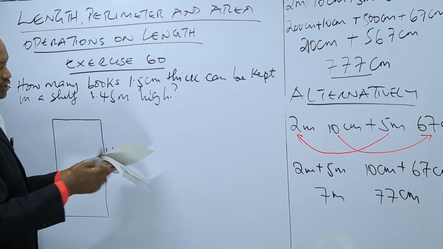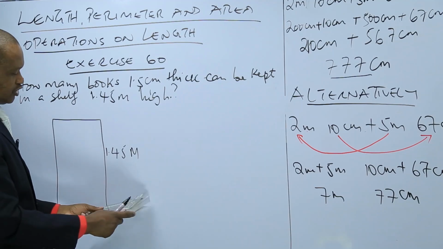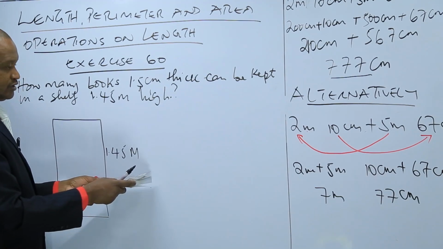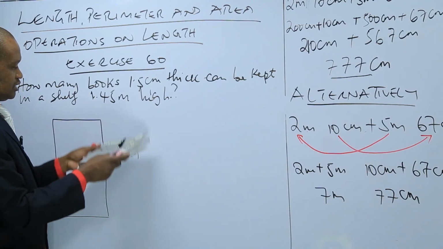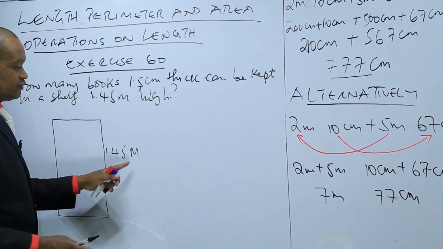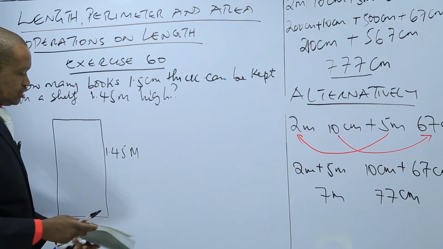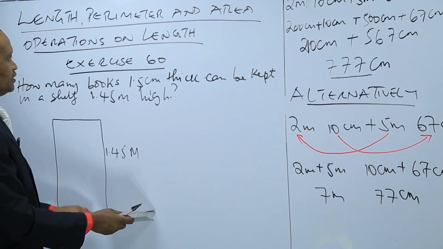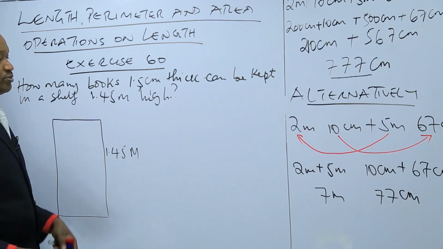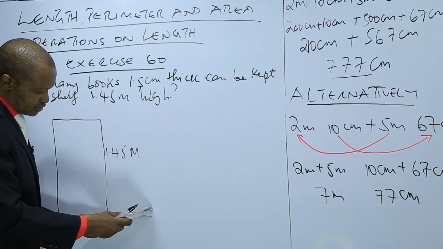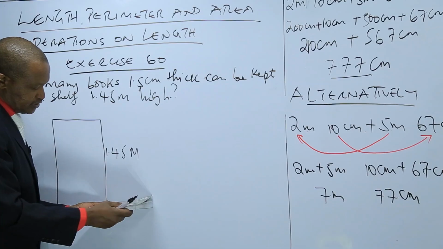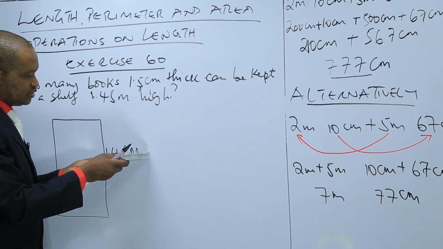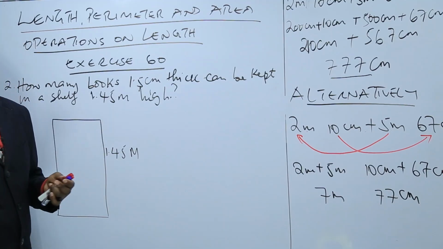Out of the 1.45 meters, a book consumes space of 1.5 centimeters. So how many books can be kept in that shelf?